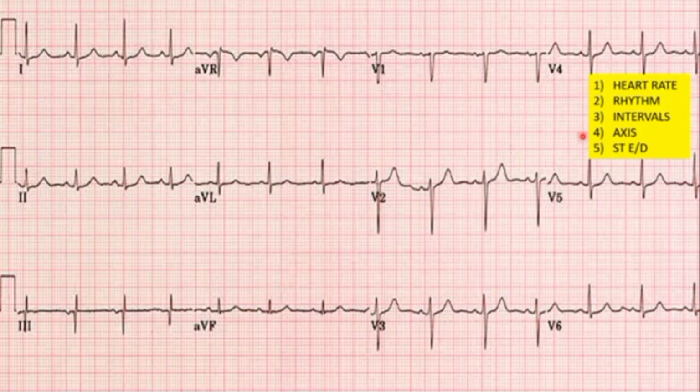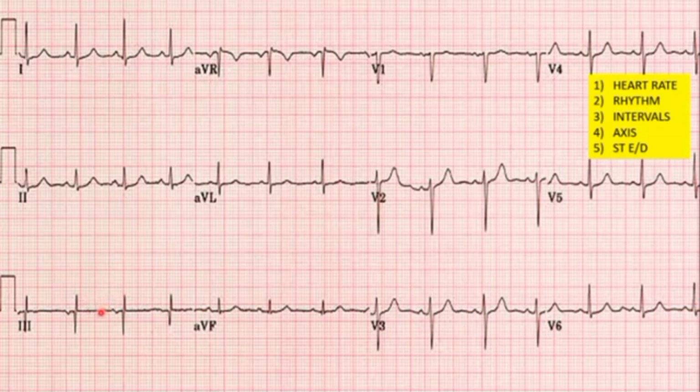When you start interpreting, first determine the heart rate. See here, between the two RR intervals, this patient has almost 3.5 big boxes.